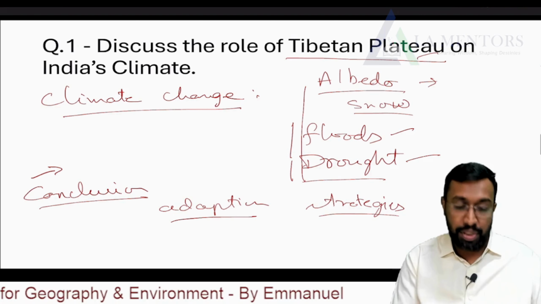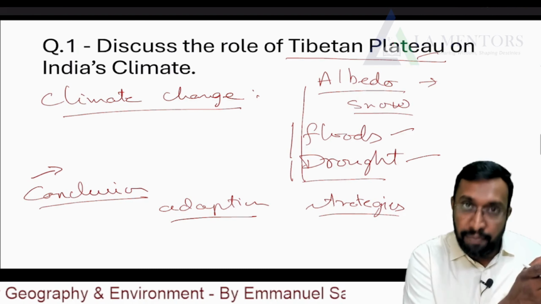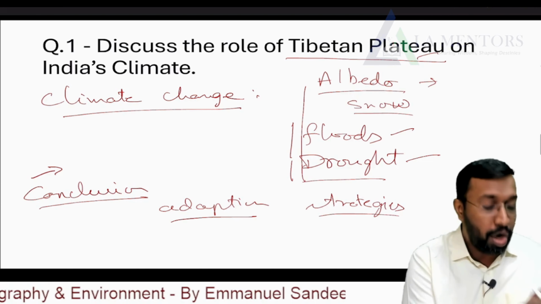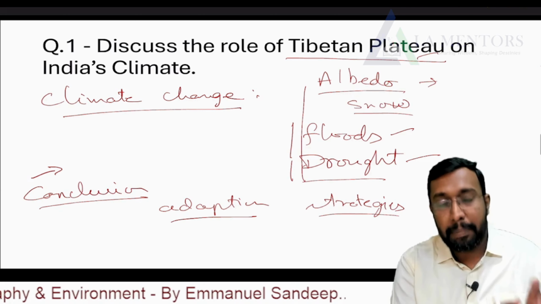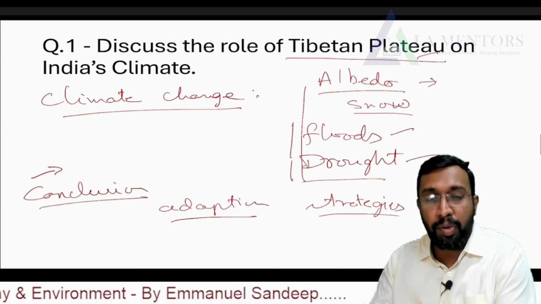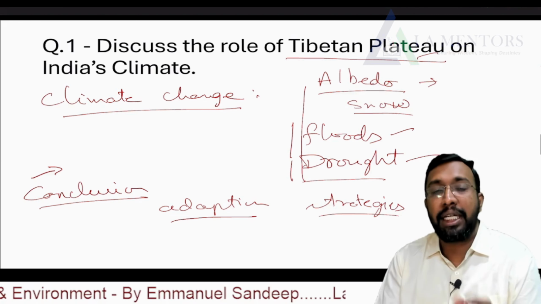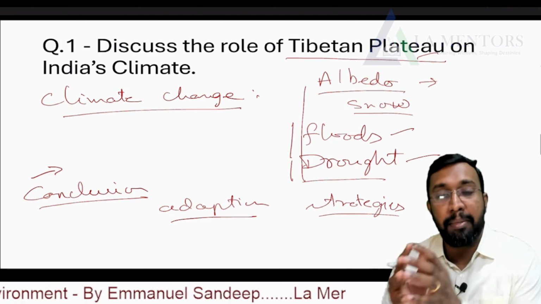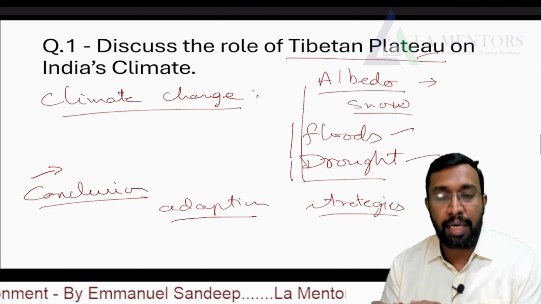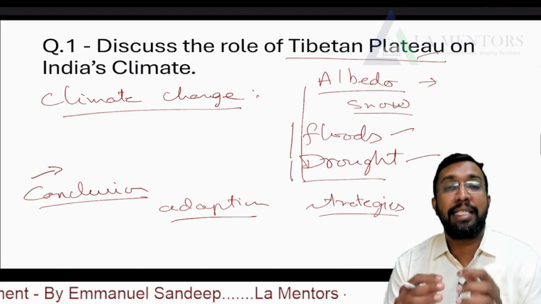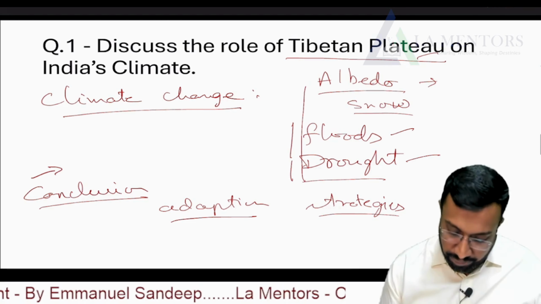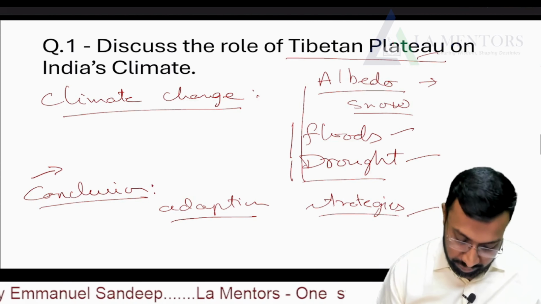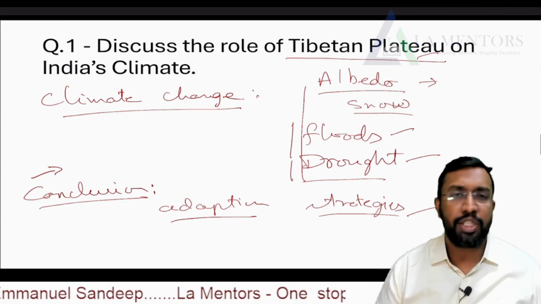So you say that there is influence of your Tibetan Plateau on India's climate, you talk about your impact, and then you can also suggest good measures, or you can just conclude saying that by understanding the impacts you can try to create a good amount of adaptation strategies. So that's how we can end this answer with this specific conclusion, which is futuristic.